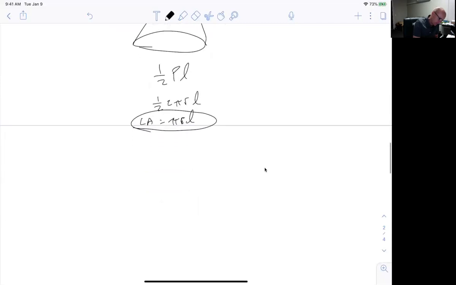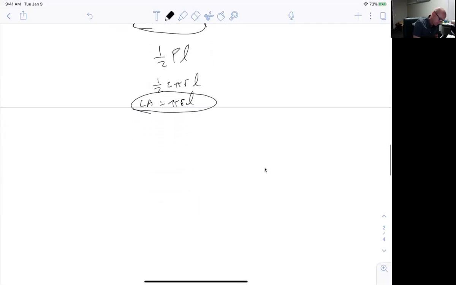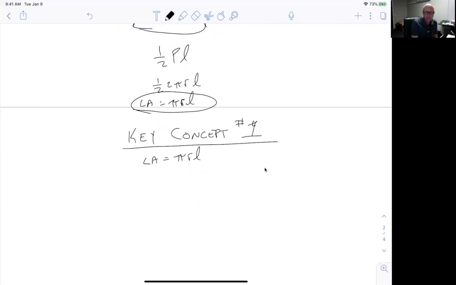So that is how I'm going to find the lateral area of a cone. Let's just put this down here as key concept number 1 for today. Key concept number 1 is lateral area is pi times r times the slant height.